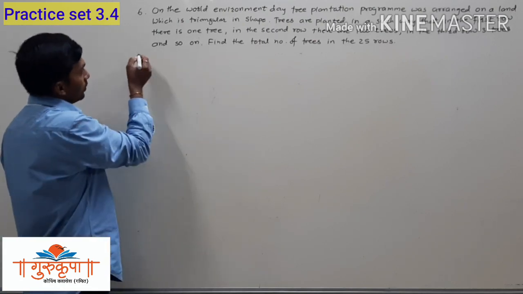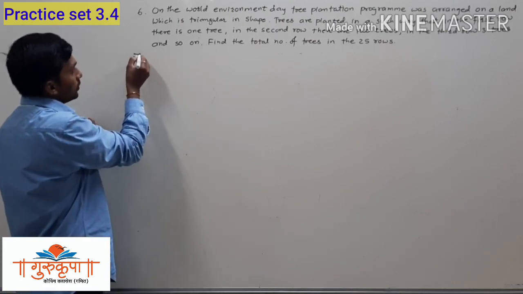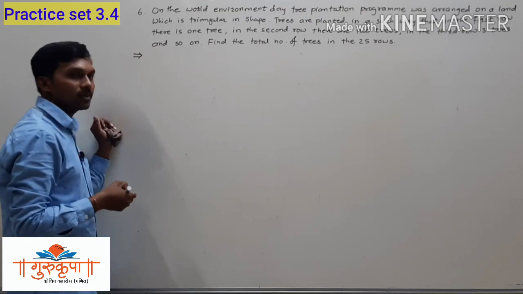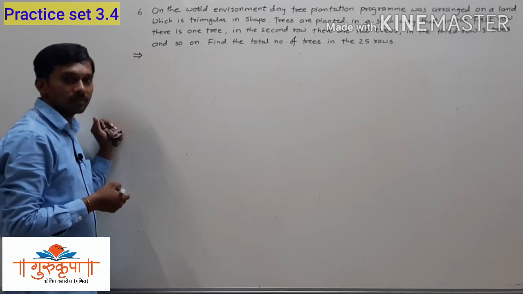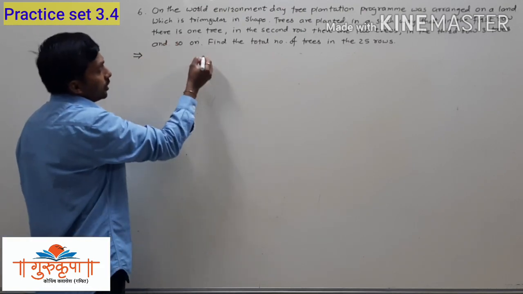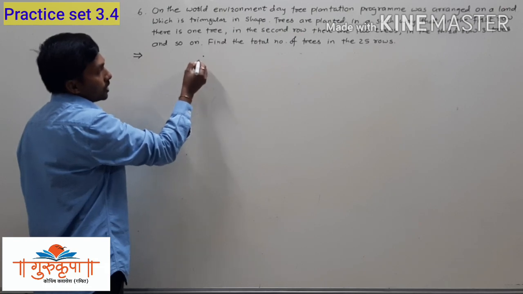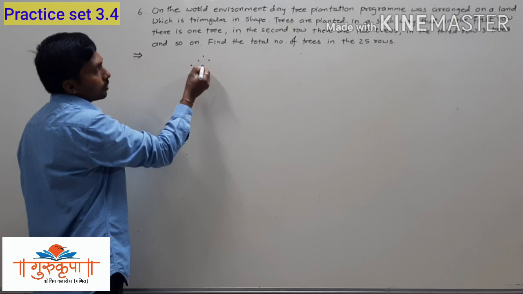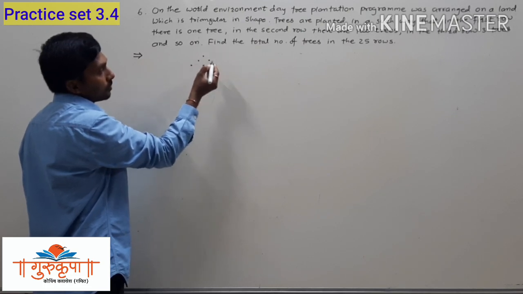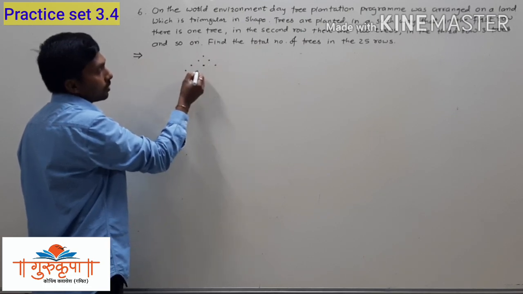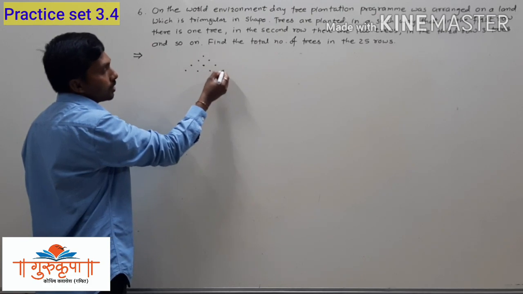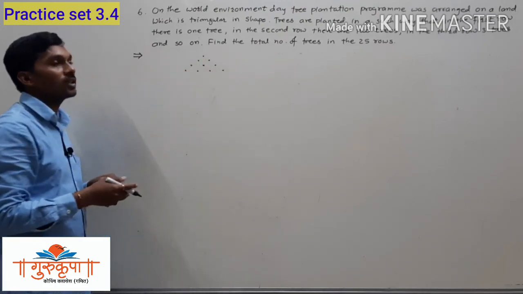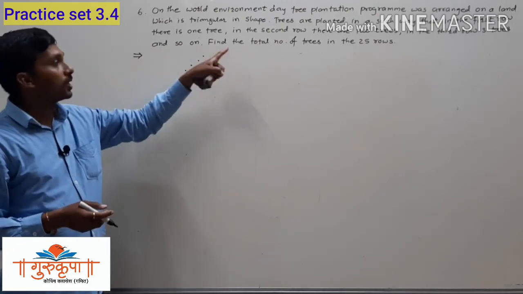See here, we will draw the diagram. It is not necessary to draw the diagram, but we will draw it. So here in the first row 1 tree is there, in the second row 2 trees, in the third row 3 trees, in the fourth row 4 trees, like that. There are 25 rows.